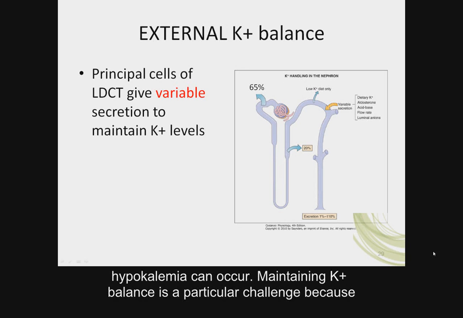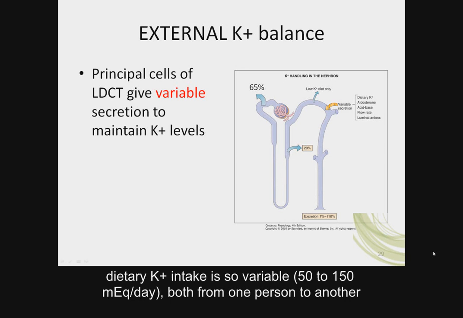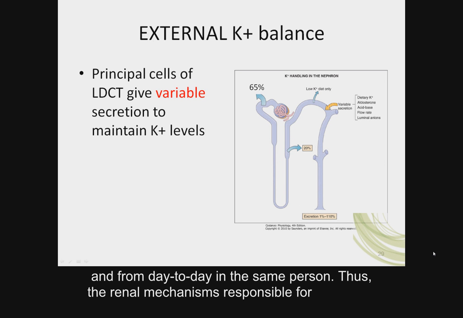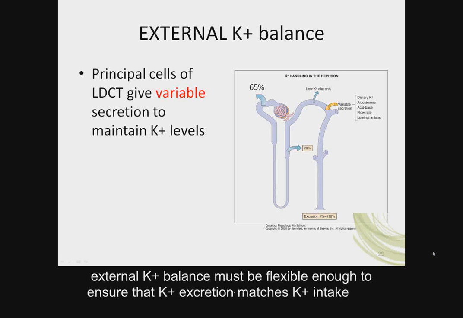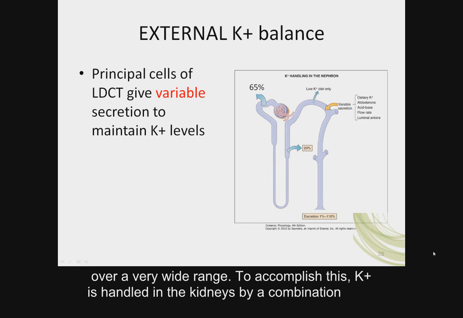Maintaining potassium balance is a particular challenge because dietary potassium intake is so variable, 50 to 150 milliequivalents a day, both from one person to another and from day to day in the same person. Thus, the renal mechanisms responsible for external potassium balance must be flexible enough to ensure that potassium excretion matches potassium intake over a very wide range.